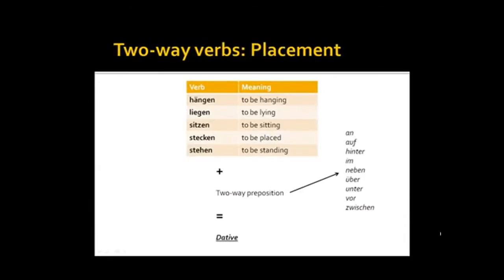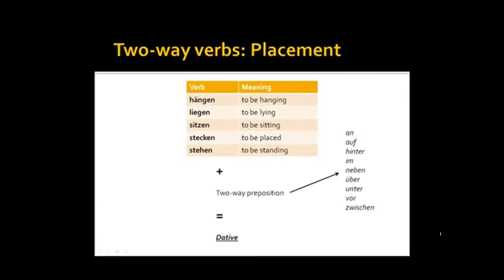So the same type of concept is going to be used with these two-way verbs. Whenever I talk about placement, position, and I use a two-way verb, hängen, liegen, sitzen, stecken, or stehen, in conjunction with one of those two-way prepositions, an, auf, hinter, in, neben, über, unter, vor, and zwischen, I'm going to automatically use the dative.